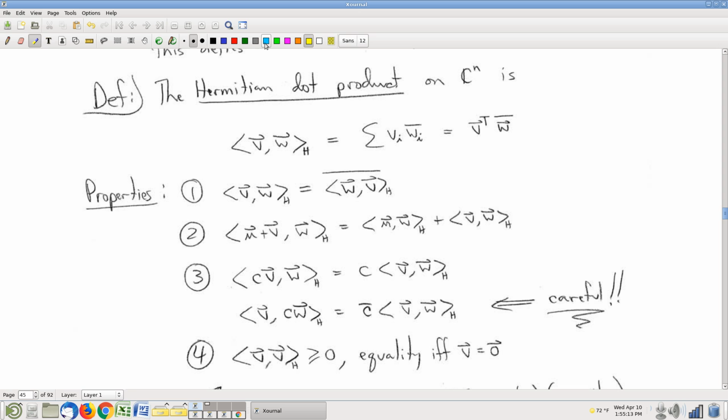As it turns out, it has properties. This Hermitian dot product has 4 properties that you will notice are really, really close. Not quite, but really, really close to the 4 properties of the dot product on which we modeled our general inner product construction. So you'll notice the symmetry property and the sort of right distributivity property and the pulling out scalars property, and then the sort of the self inner products not being 0 property.